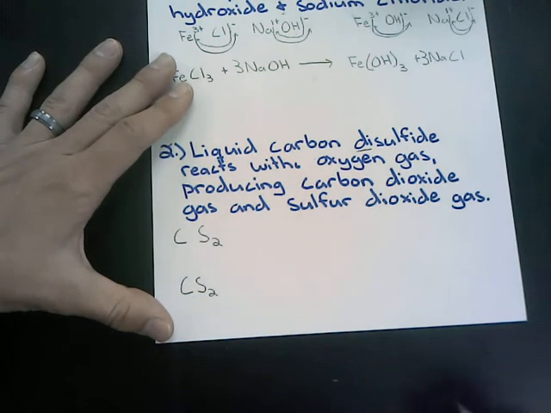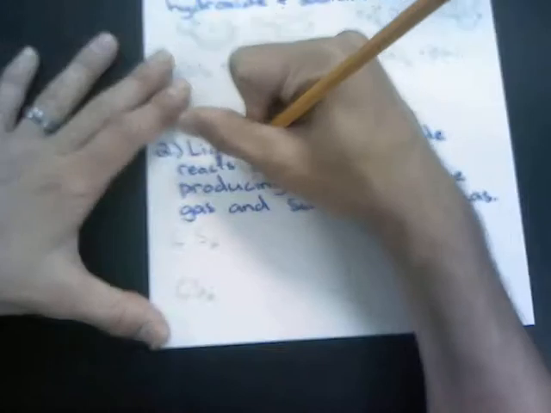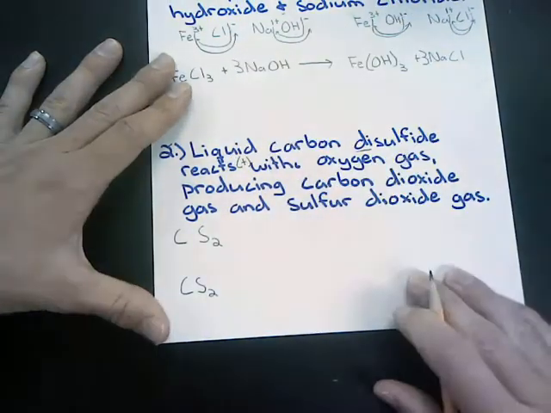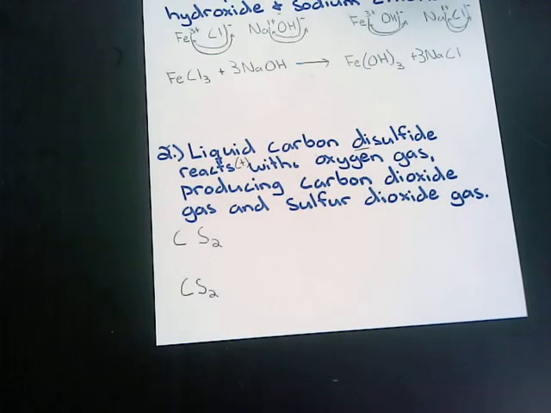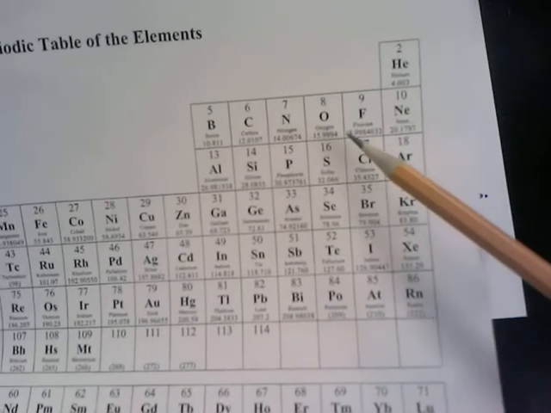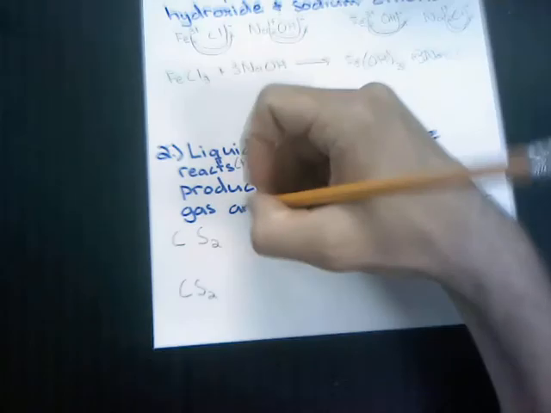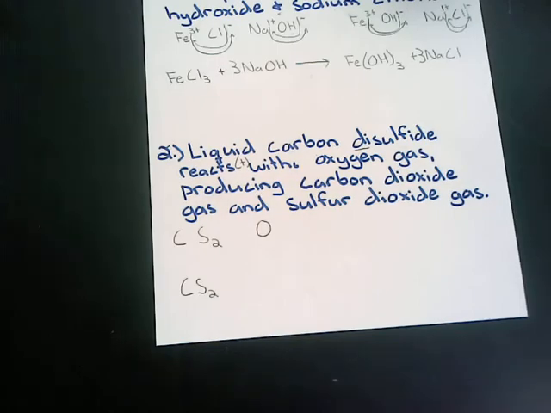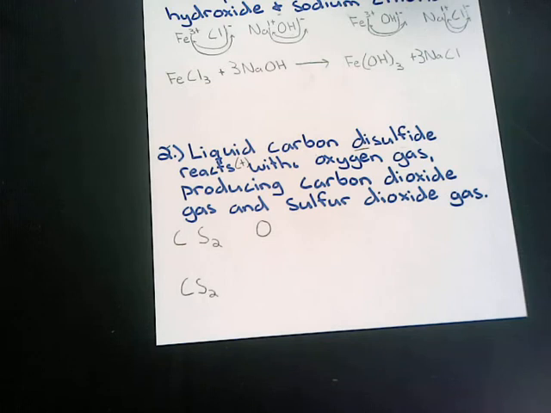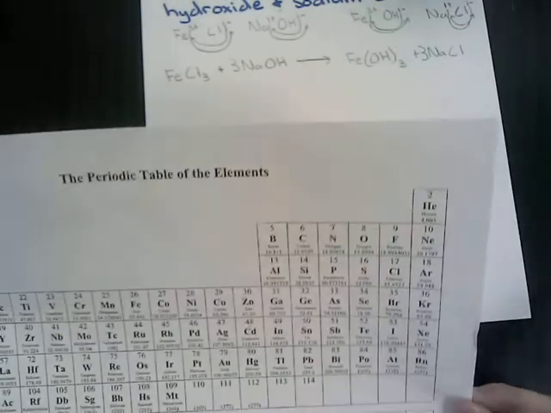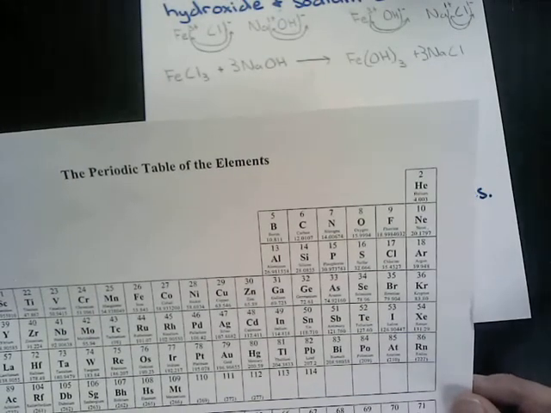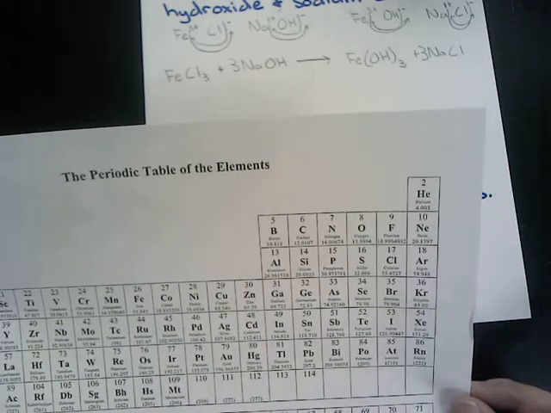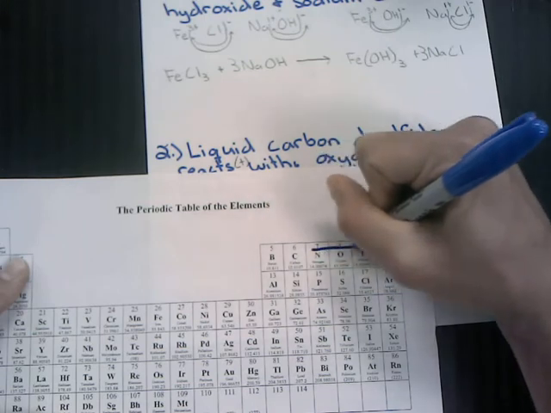So again, we see this reacts with, and reacts is just a fancy way to put a plus sign. And it reacts with oxygen gas. Now, oxygen, if we find it on the periodic table, it is O. Except there is one major exception. That major exception is that these elements that I'm about to show you are called diatomic elements. So they make a nice 7.